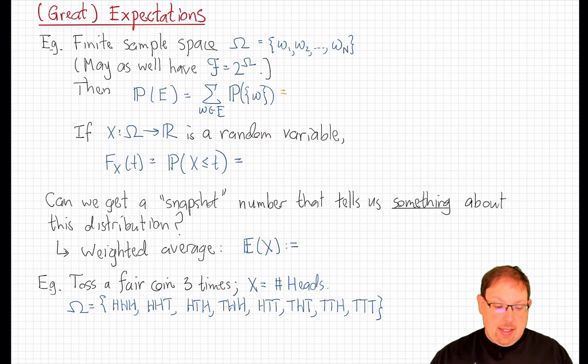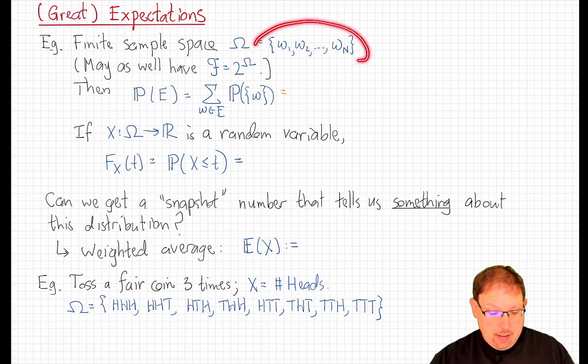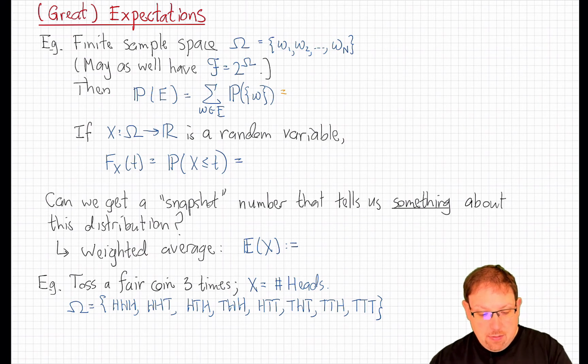To motivate this discussion, let's start in a finite probability space, meaning that the sample space is actually a finite set. Now in that case, there's no technical obstruction to taking as the sigma field the set of all subsets, and we can calculate probabilities of any event so long as we know the probability of each individual outcome.